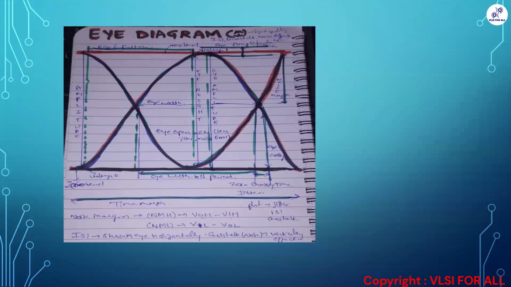If it is crossing, that's jitter. And the timing margin, which horizontally represents ISI and crosstalk. So overall, vertically, if the eye shrinks, it is due to noise. Horizontally, if the eye shrinks, it is due to the ISI effect.